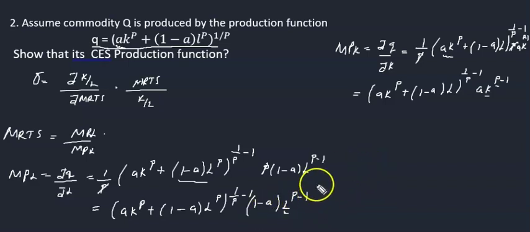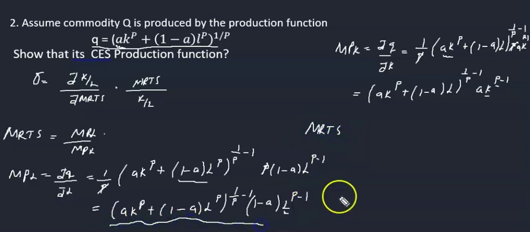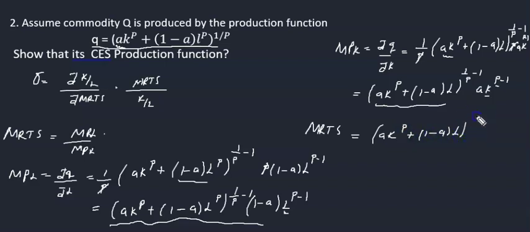So what we do next is just to find the MRTS now. That is just dividing these two expressions. So we will have A K to the P, 1 minus A L to the P, with the power 1 over P minus 1. I'm supposed to write 1 minus A of L to the P minus 1 like that.